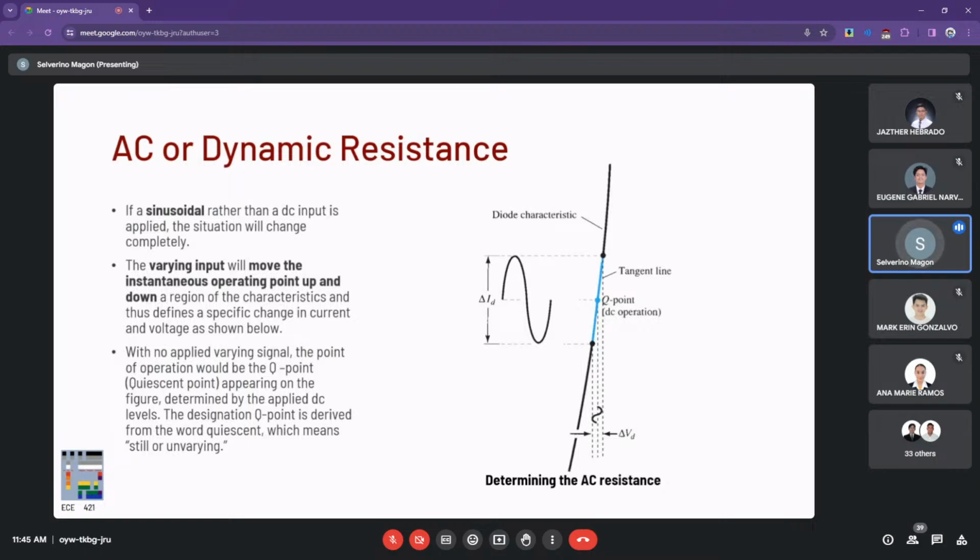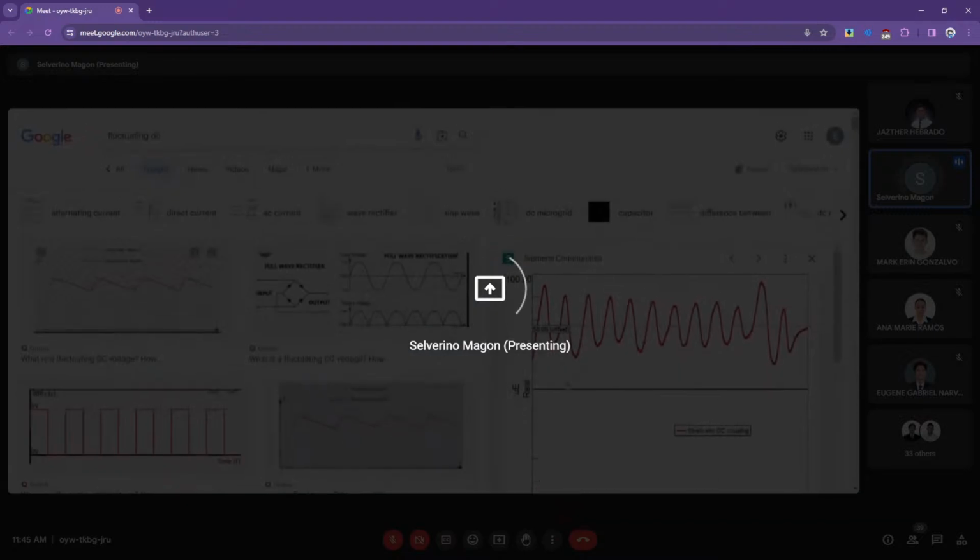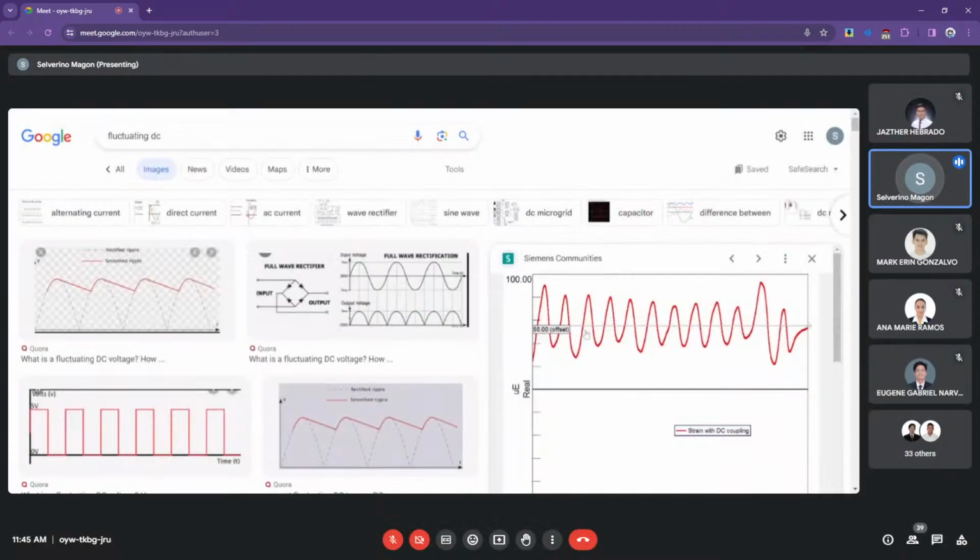Anyway, maybe I'll try to use this one. So let's say you have this graph, and you have a zero reference on this side, then you can apply AC.